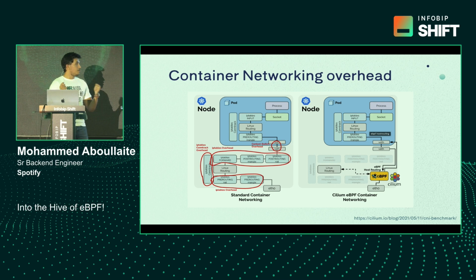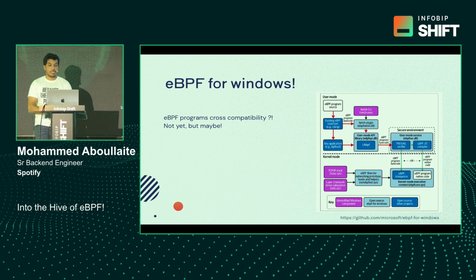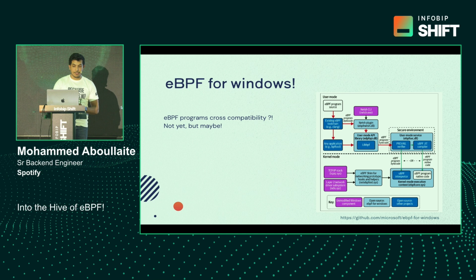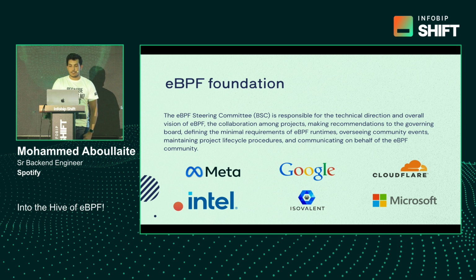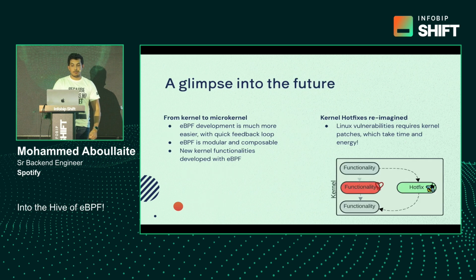With eBPF networking, you save a lot of latency, and that is really important if you have a latency-sensitive application. eBPF for Windows, just to mention that Windows folks are trying to implement the same thing in Windows, so you may or may not have that in the future. And the eBPF Foundation, just to mention that there are some big names in there trying to steer the direction of eBPF.